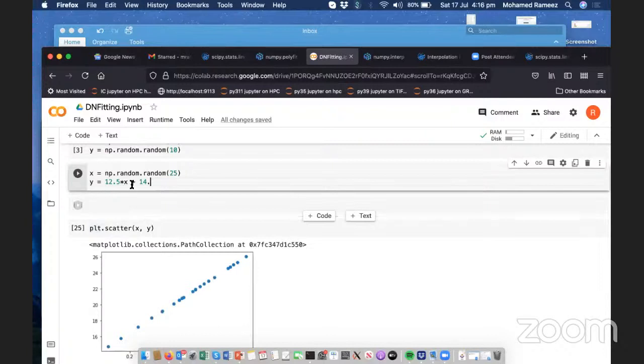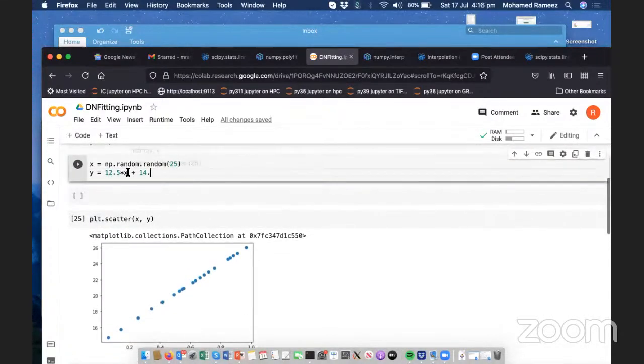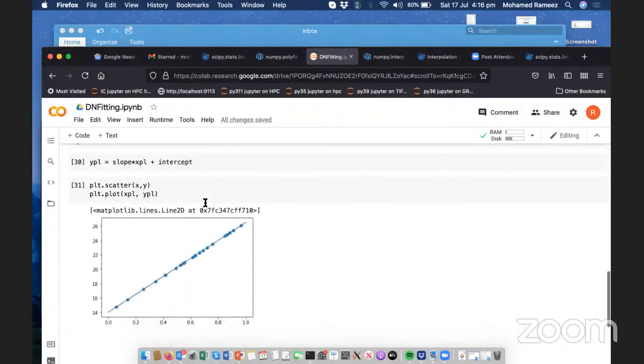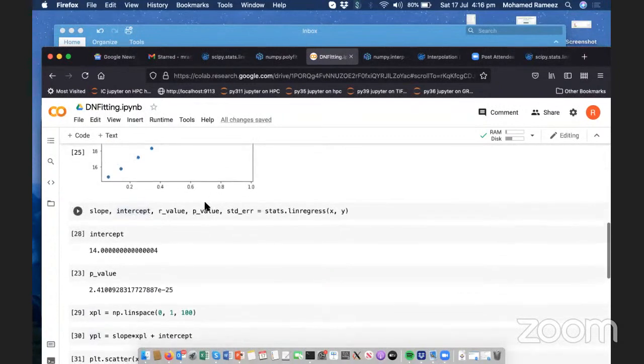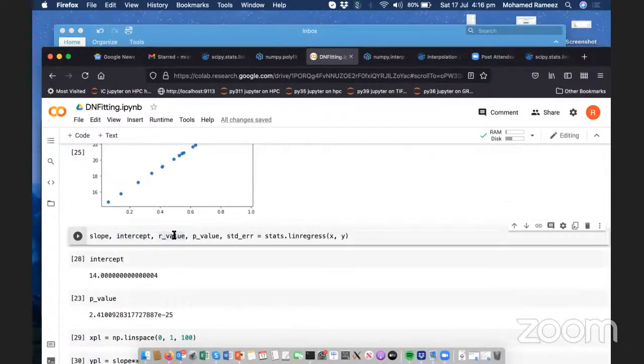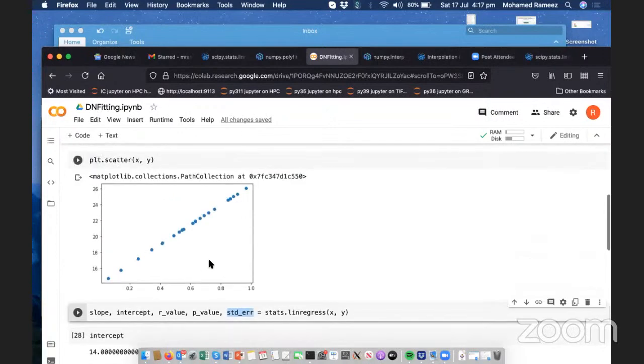So this is how you perform a linear regression. The other things here, the R value, the P value, and the standard error, are concepts you will understand as you perform more and more fits.